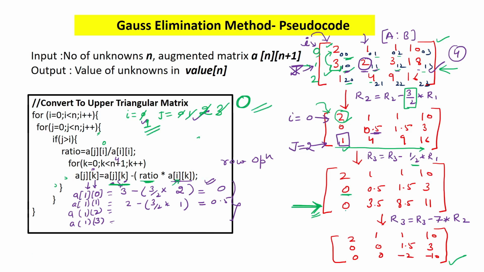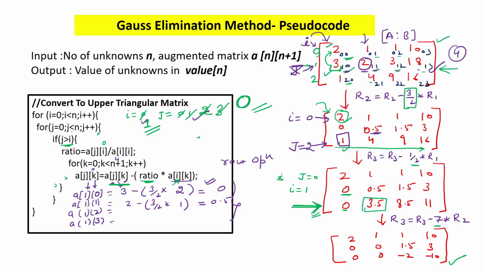So if you see this is 0, this is 0. Now finally we have to make this 3.5 as 0. That means now we have to find the ratio as 7. So if you see here j is 0 and i is 1. That means j is 0 and i is actually this one. So here j is less than i. So my if will be false.